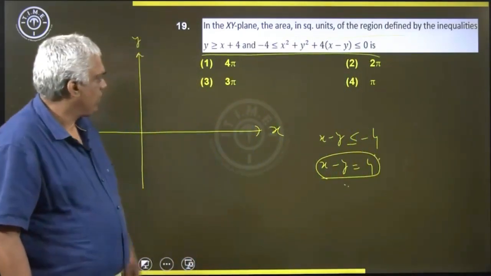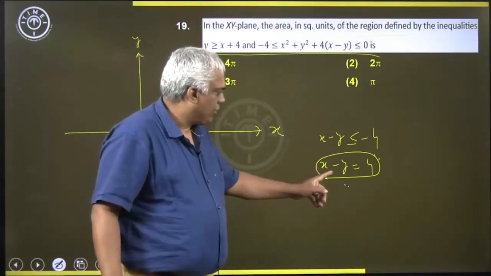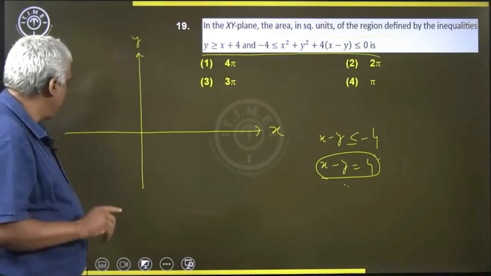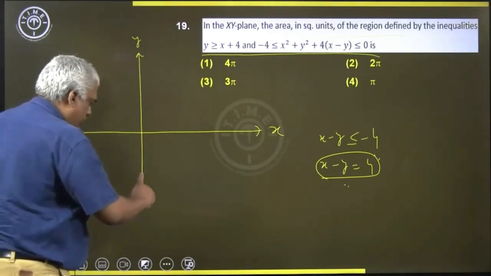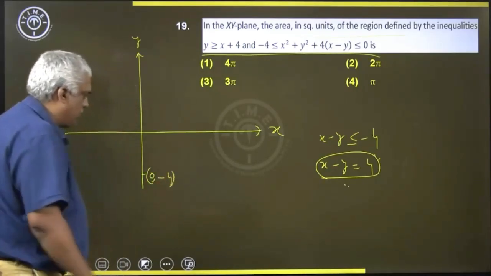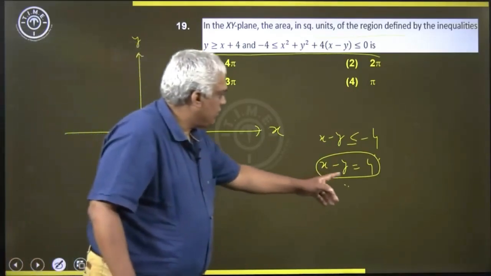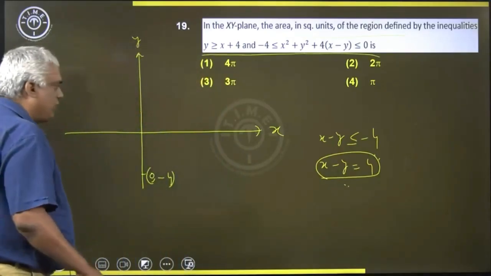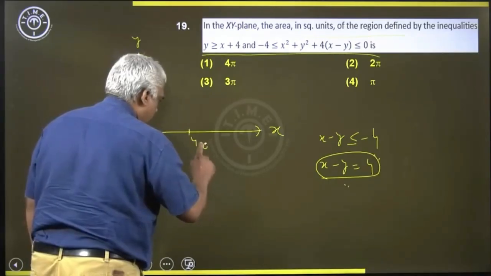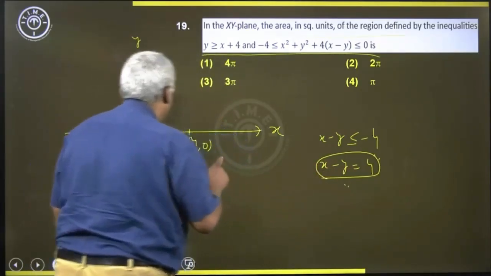So, when x is 0, y is minus 4. So this line passes through 0 comma minus 4, somewhere here. When y is 0, x is 4. So it's passing through 4 comma 0. So this line is passing through these 2 points.